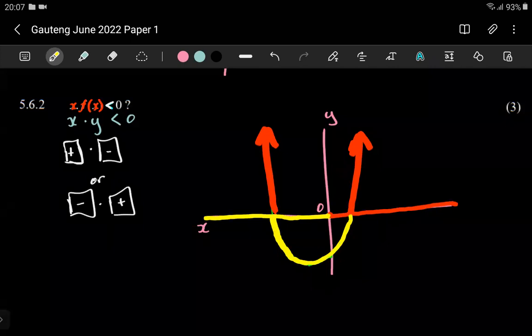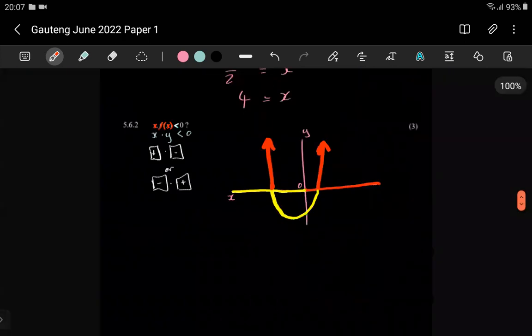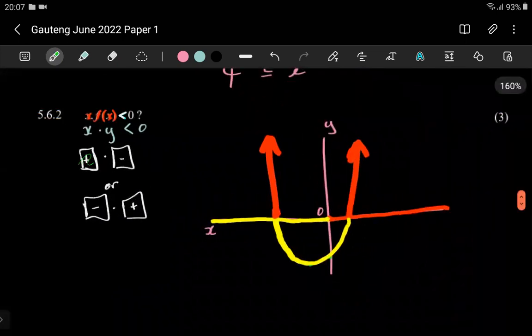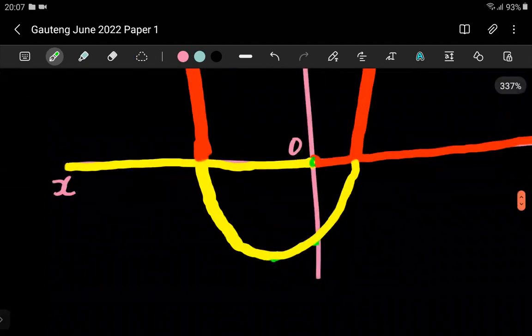So when you have a picture like this, answering your question becomes a little bit easier, because all we have to do now is look for portions of our sketch where we, for example, have positive x values while having negative y values. Here we can see positive x values are here. We want where we have positive x values together with negative y values, and that's only happening between here and there.